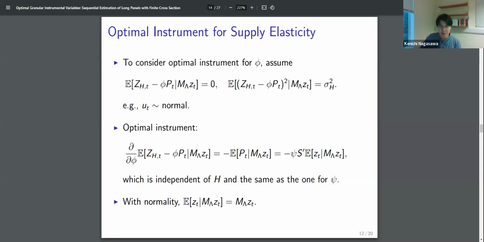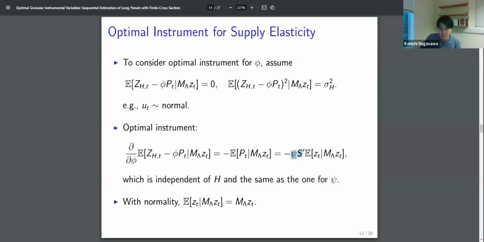Okay, so having assumed this condition, we can characterize the optimal instrument by looking at the Jacobian. And so by taking the derivative, we get this term. And using the moment condition from the demand elasticity, price equals demand elasticity times the share weighted disaggregated supply.